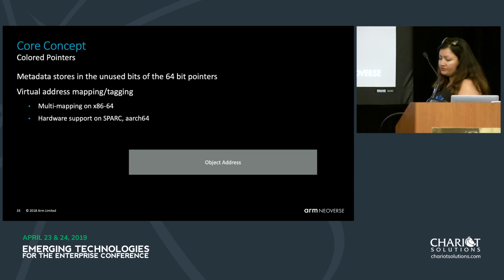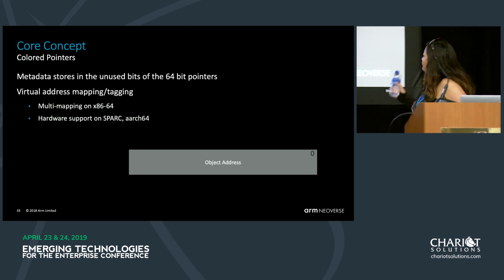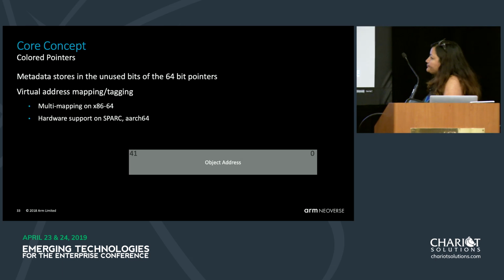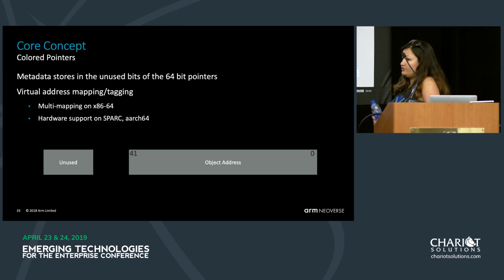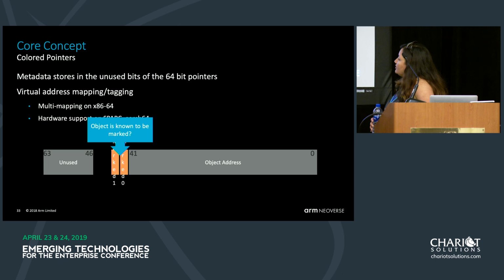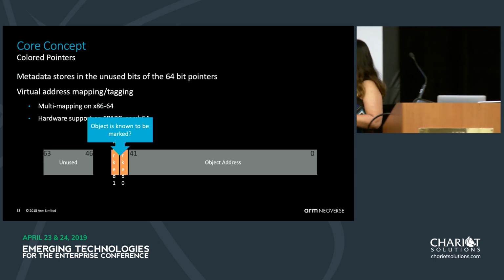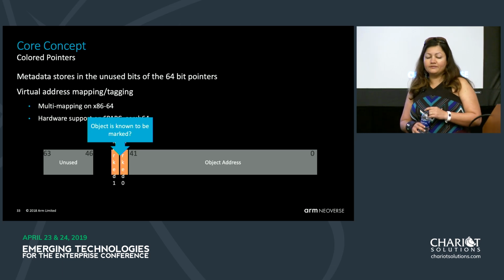You have the object address, which spans from bit 0 to bit 41. Then you have the unused space, which is bit 46 onwards to 63. Then you have marked 0 and marked 1, which are two bits that let you know if the objects are known to be marked.